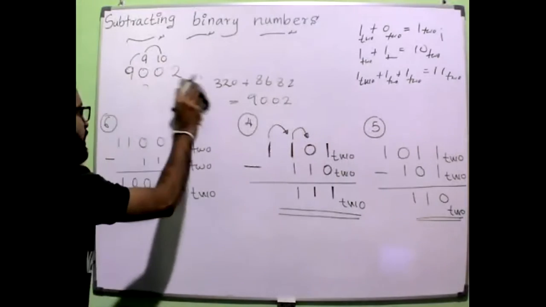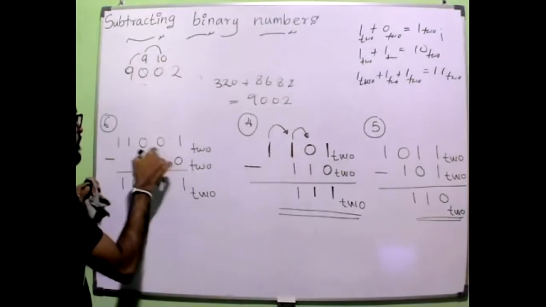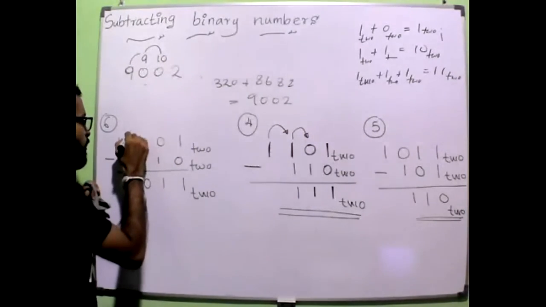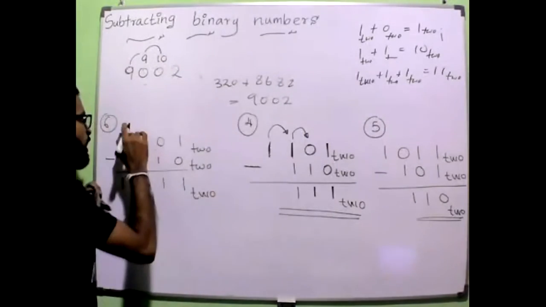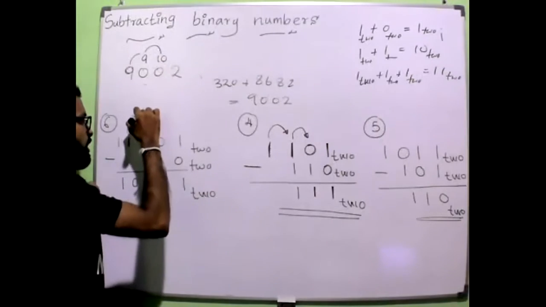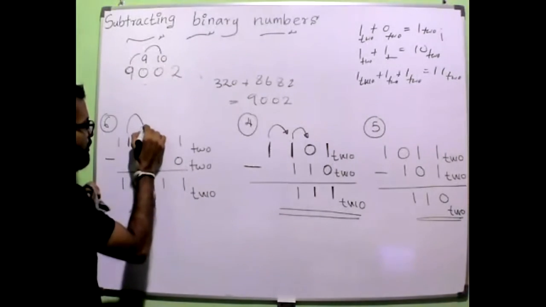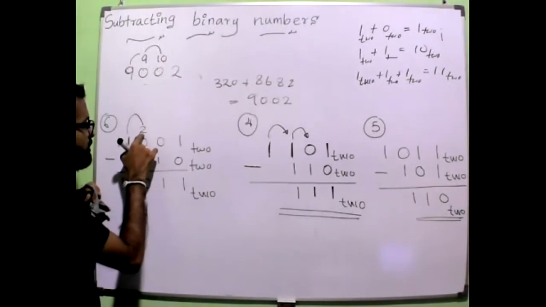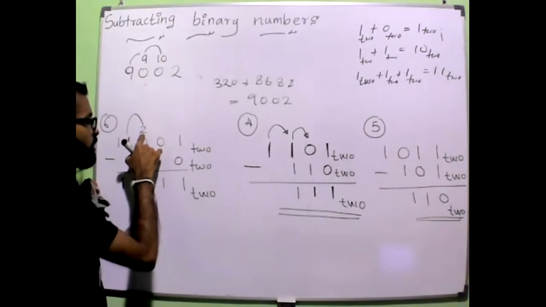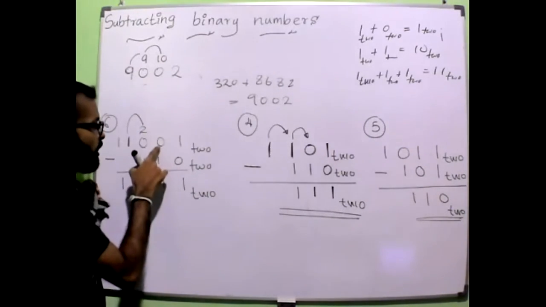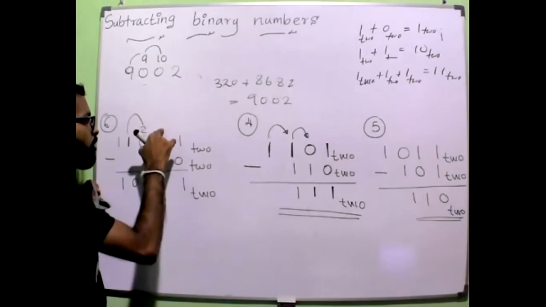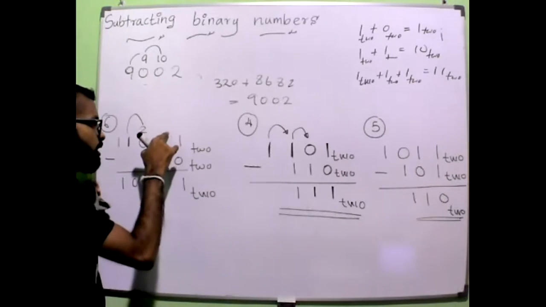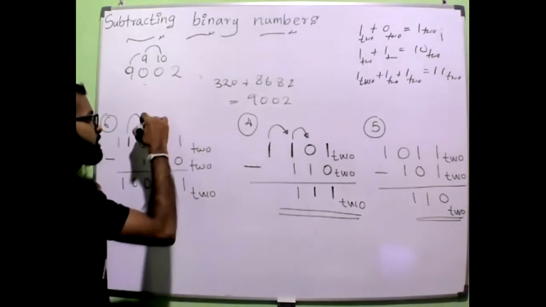Same scenario applies here. Here I have 1, and here I have two zeros, and I will take this 1 to this side once. If you take this 1 to this side once, it becomes 2. But I have to go to this 0 now, so I will take this 2 to my right hand side once again.